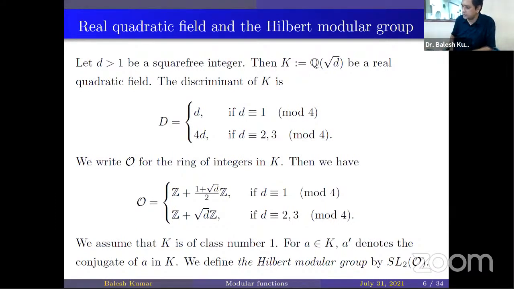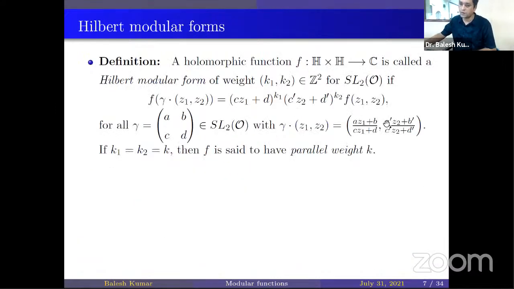And then one considers the Hilbert modular group corresponding to this real quadratic field, SL2(O), which is the set of 2 by 2 matrices with entries from the ring of integers and determinant 1. So one can see that this SL2(O) actually acts on two copies of the upper half plane, namely H cross H, and the action is given by gamma times (z1, z2), which is just a component-wise bilinear Mobius transformation action.